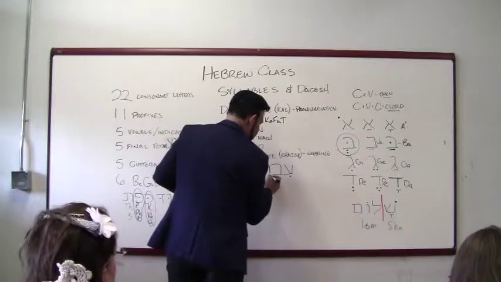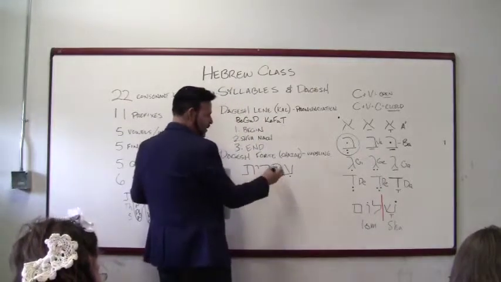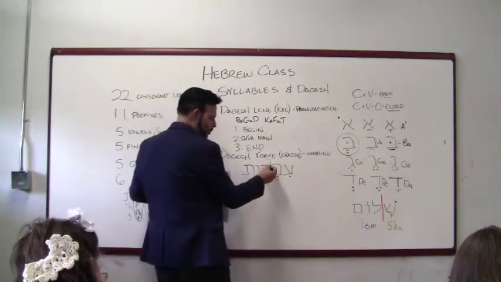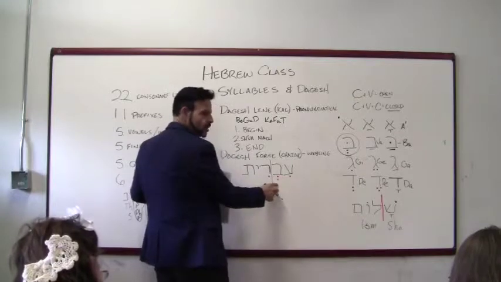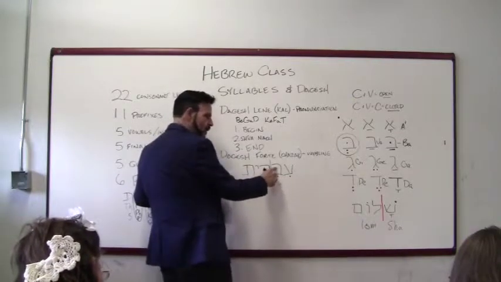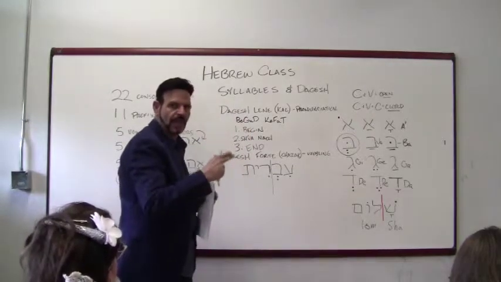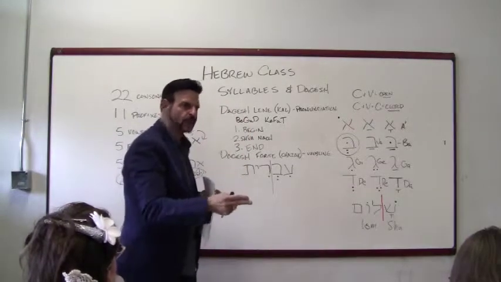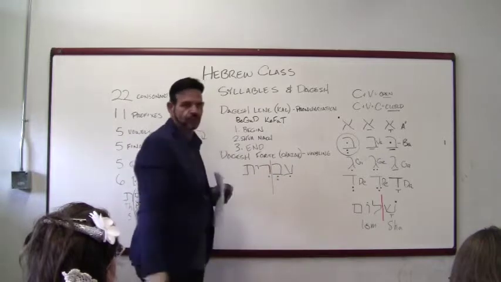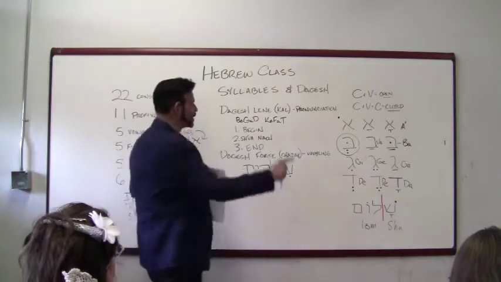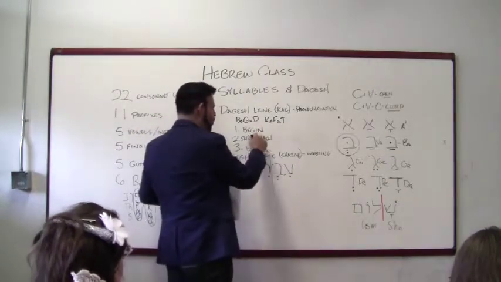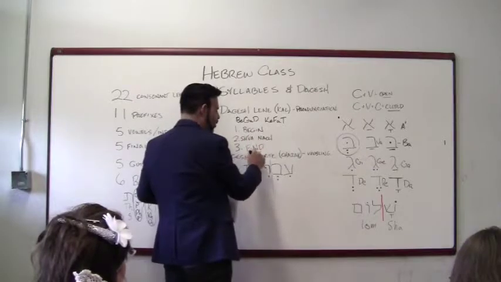But they're technically Ivrit. This is a perfect example, right? Closed syllable. It's a BeGaD KeFaT letter, but it's not at the beginning of a word, and it's not at the beginning of a syllable. So therefore, there's no Dagesh. Dagesh lene only goes at the beginning of the word, after sheva nach, or the end of the word.